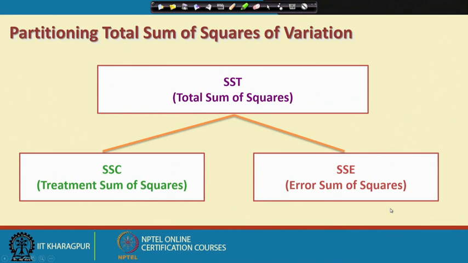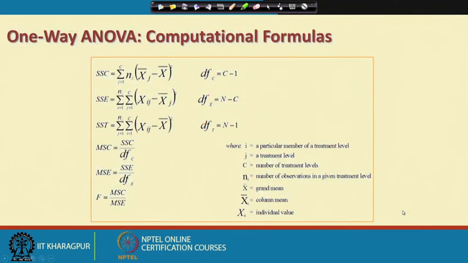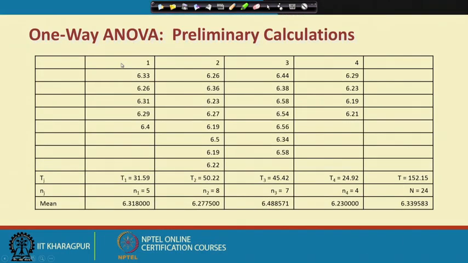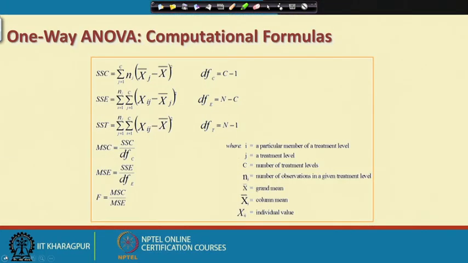Corresponding to this particular structure, the ANOVA table will be like this. First you calculate SSC, then SSE, and then finally SST. Either you can calculate individually, or for simplicity you can calculate any 2, and the third one can be obtained by default, and the adjustment factor will be here.